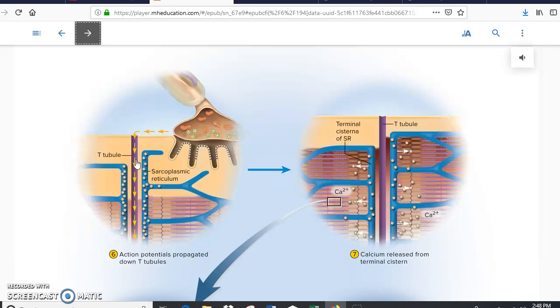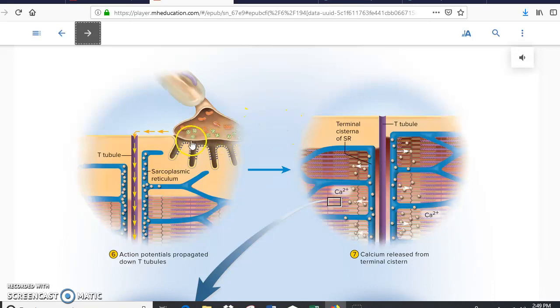Remember, if we don't have the action potential, then the transmission from the nerve into the blue container will not happen. Therefore, the calcium will not get released. So the sliding filament mechanism explains how the calcium triggers the entire mechanism to contract the muscle.